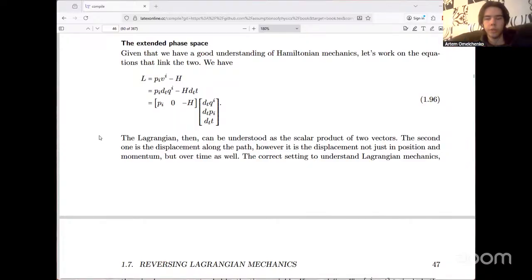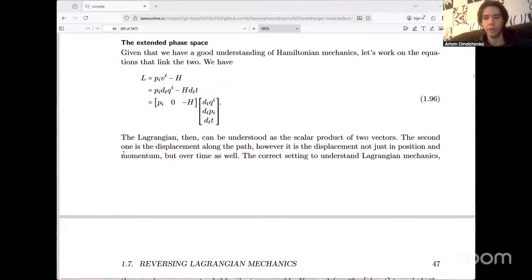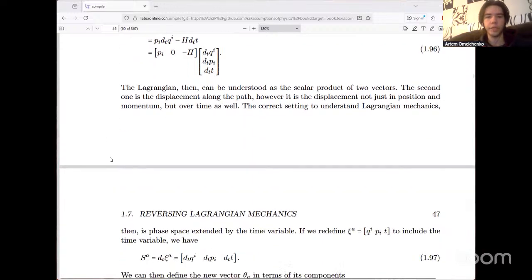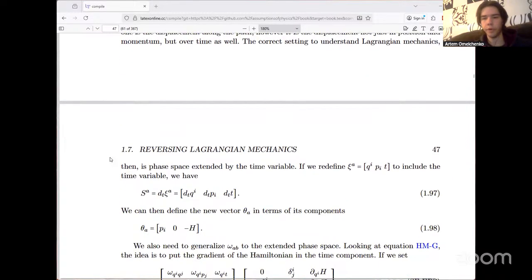The Lagrangian then can be understood as the scalar product of two vectors. The second one is the displacement along the path. However, it is the displacement not just in position and momentum, but over time as well. The correct setting to understand Lagrangian mechanics then is phase space extended by the time variable.